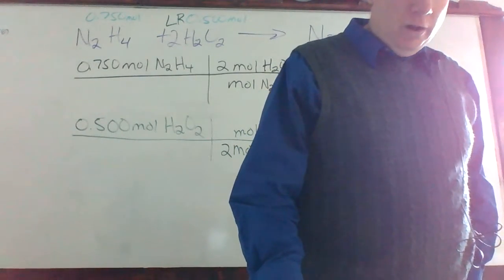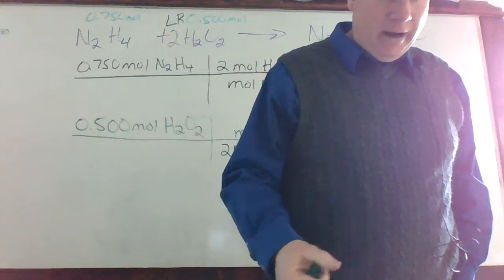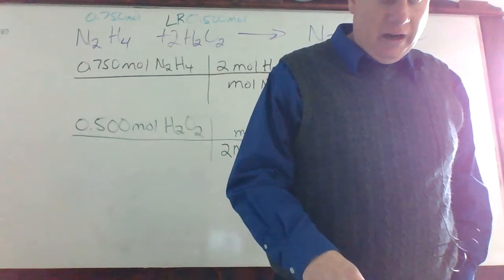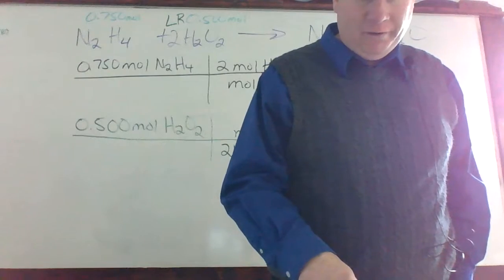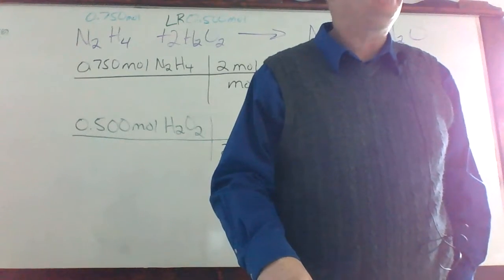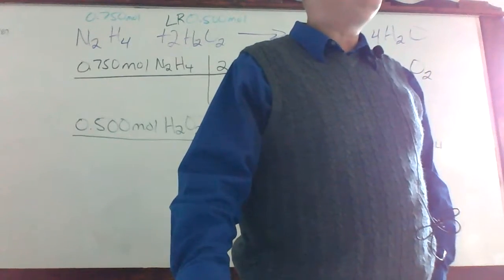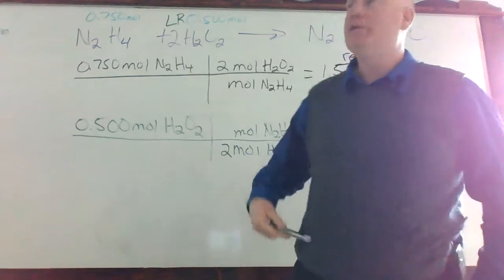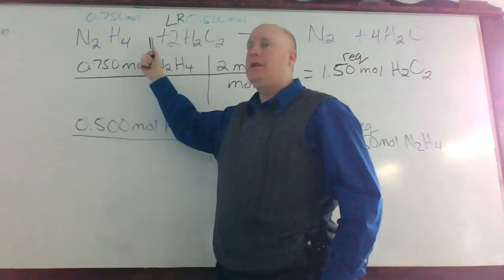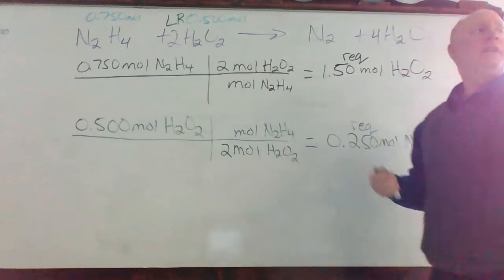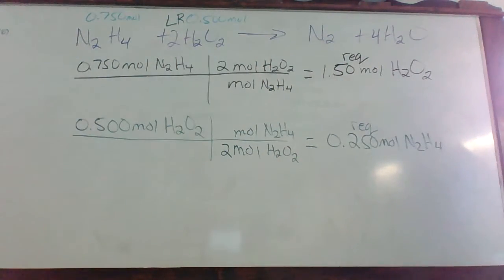Okay? So now it goes on to ask how much of each product in moles is formed. Okay? So then, which one do you think is the most important part of this side of the equation? The excess or the limiting? The limiting by far.